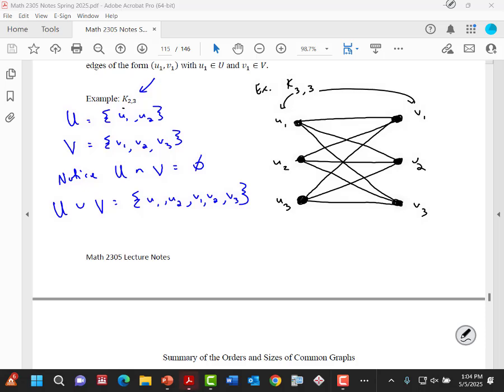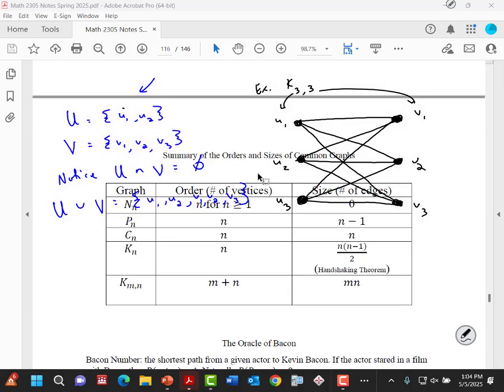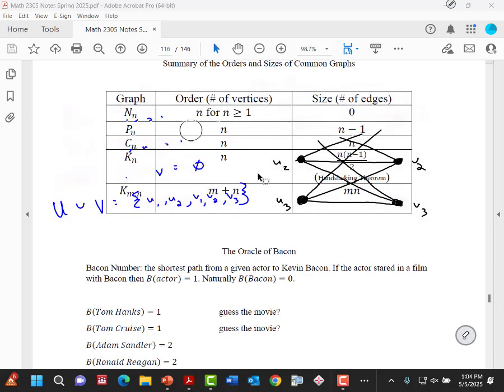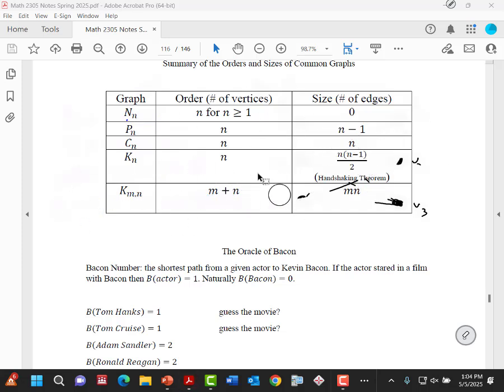Now, this brings us to a very important summary chart that summarizes the orders and the sizes of common graphs. If I have the null graph n sub n, the order, which is the number of vertices, is simply n.